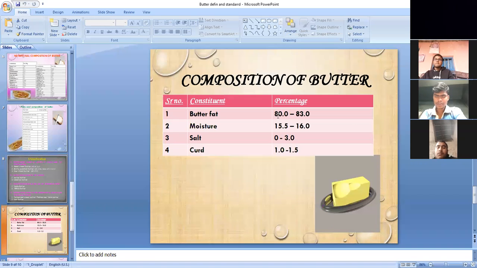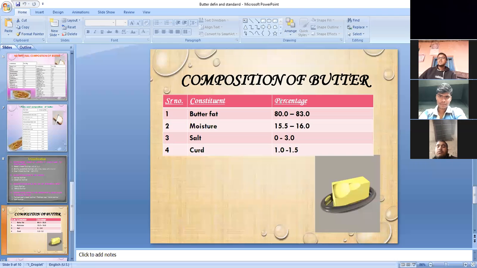Now when we see the different composition of the butter, the fat percentage is generally found in the range of 80 to 83%. Whether it is made by Punjab milk federation, or by Comfort, or by Trimul, or any agency like Parag or Saras, they must maintain the fat percentage not less than 80% as per regulation.